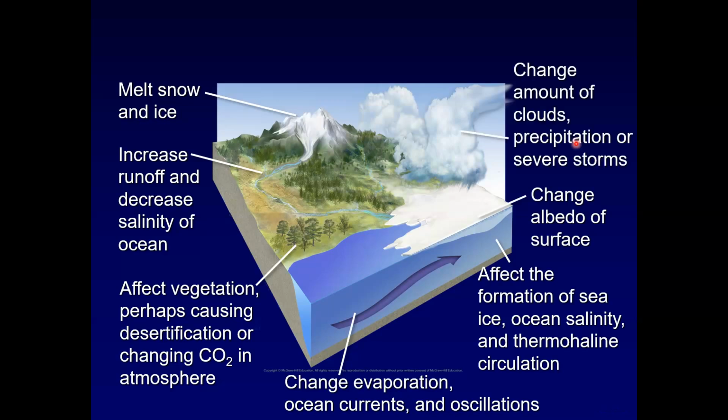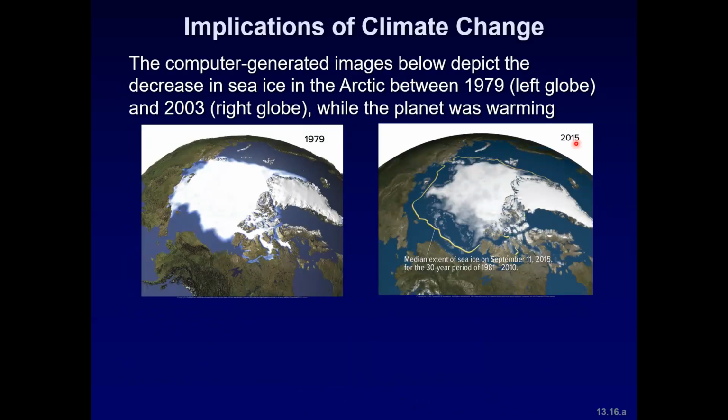It'll also change the amount of clouds, precipitation, or severe storms over time with greater temperatures. So let's think about the implications of climate change. We have a depiction here of the decrease in sea ice in the Arctic between 1979 on the left and 2003 on the right, while the planet was warming.